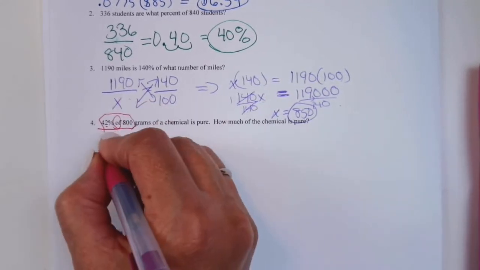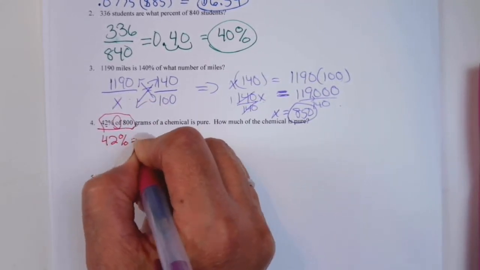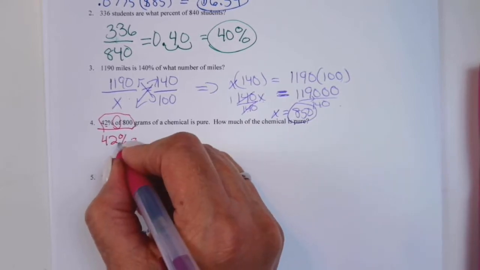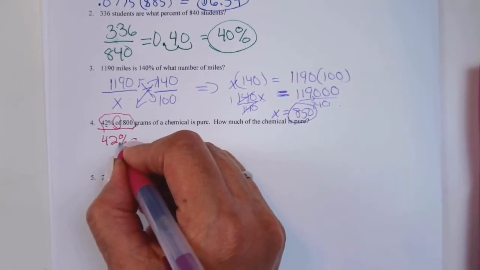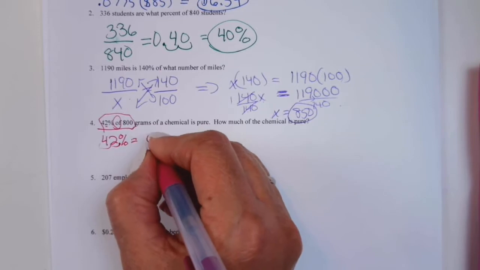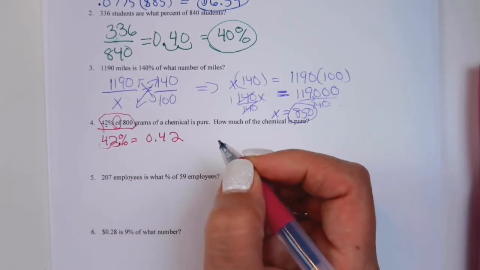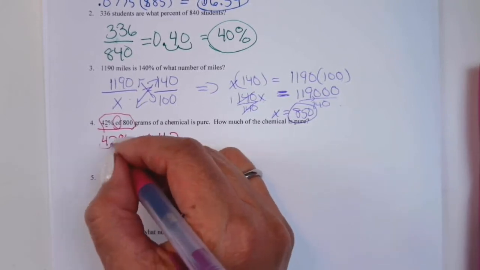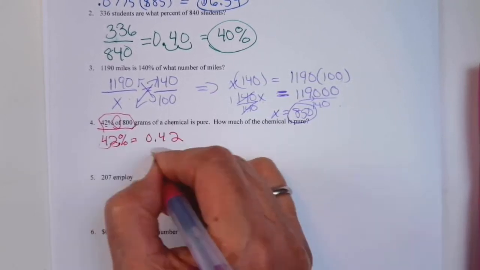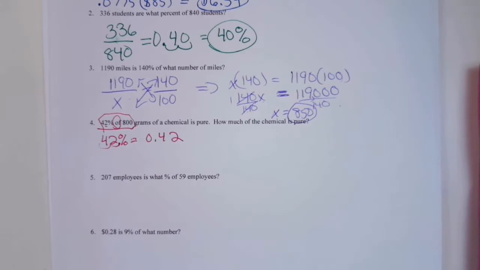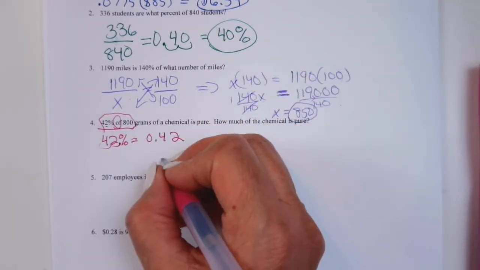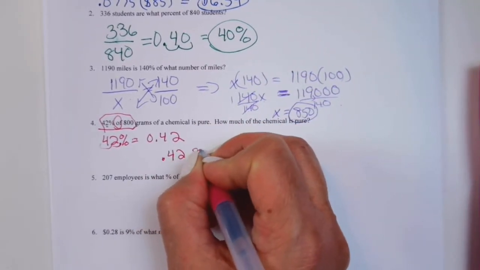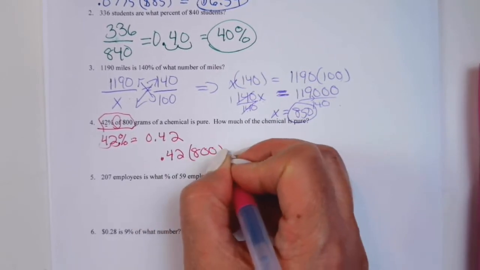Now, before we do that, we have to convert 42% to a decimal. So we move the decimal point that is over here on the right, 1, 2, 0.42, and leave that percentage. Or what you can do is you can just divide 42 divided by 100 and you get the same answer. So 0.42 times 800.